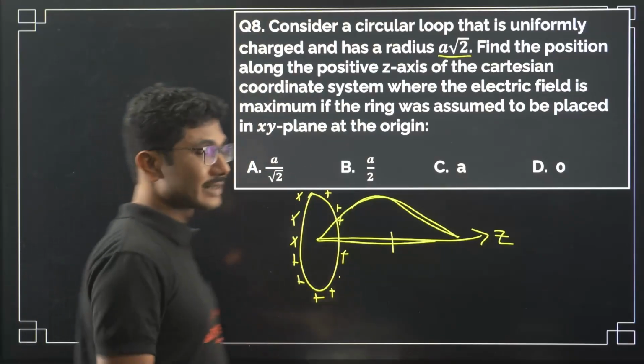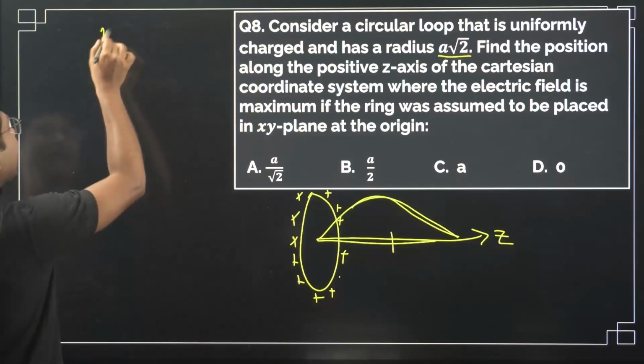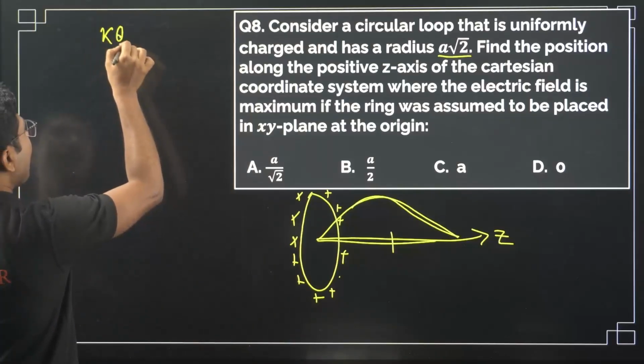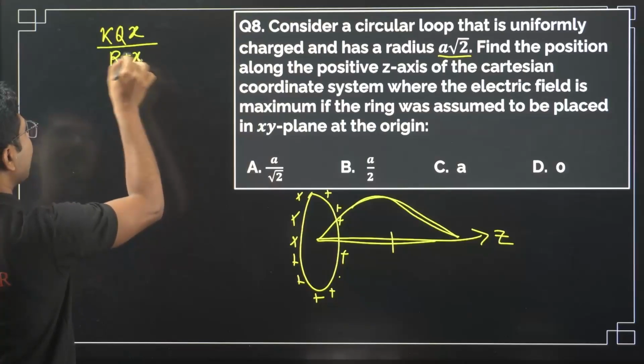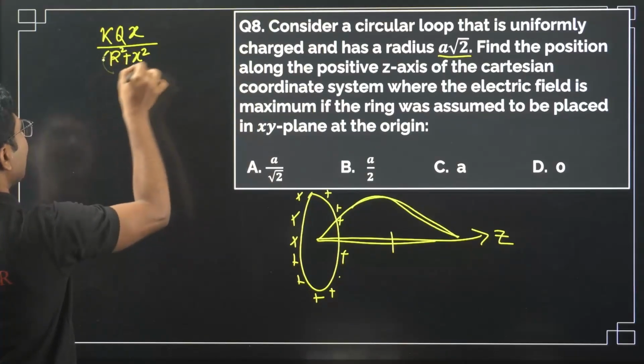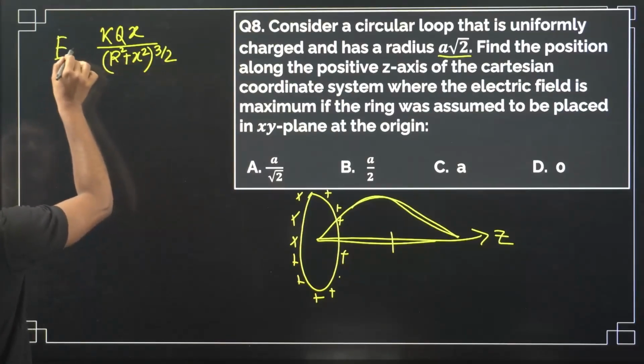So what was the formula? KQX divided by R square plus X square to the power 3 by 2. This is the formula for electric field.